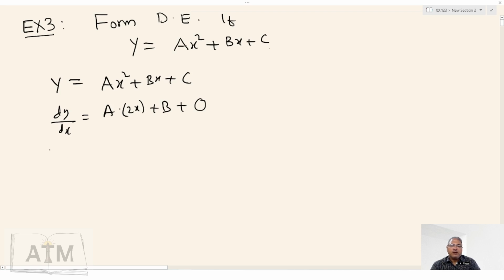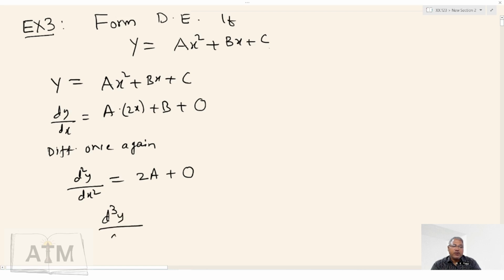Differentiating once again, we get d²y/dx² equals 2a plus 0. Now the last arbitrary constant a is left, so we have to do the differentiation once again.